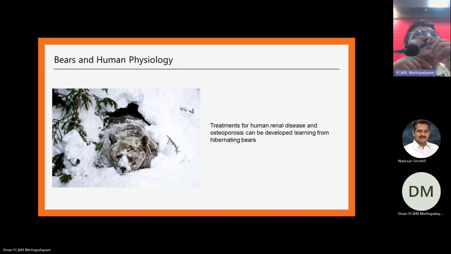One is their metabolism is almost normal. They create a lot of urine, and when urine accumulates in your body, that's an end stage of renal disease in humans. You'll go for dialysis, and finally you die of that.